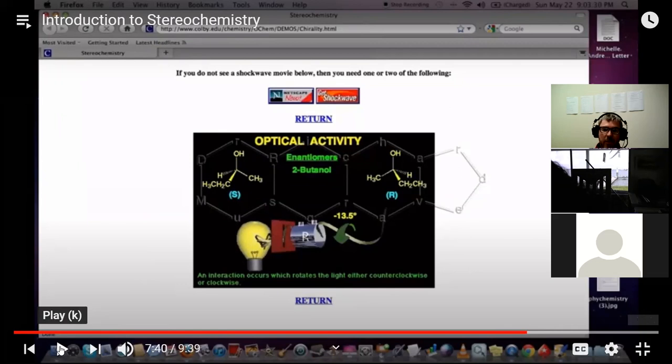The S one will rotate by exactly the same amount, but in the other direction, due to its chiral nature. Now this particular one, the R isomer, will rotate plane polarized light minus 13.5 degrees. So 13.5 degrees in this direction right here to the left.